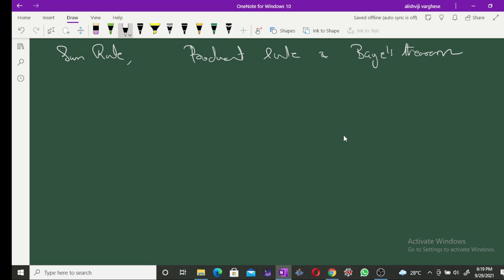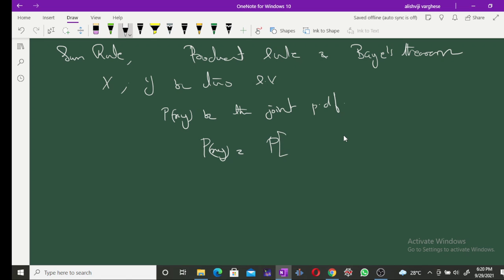This is for, say, if you have two random variables, let x and y be two random variables, and p of xy be the joint probability density function, which is technically defined as p of xy is equal to the probability that capital X is equal to small x and capital Y is equal to small y.